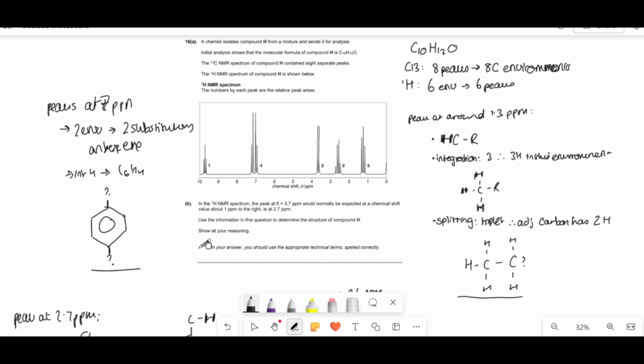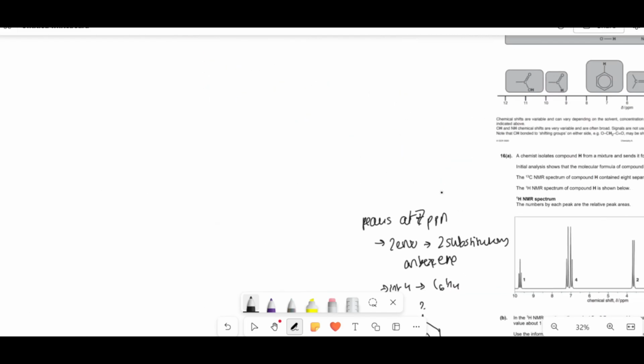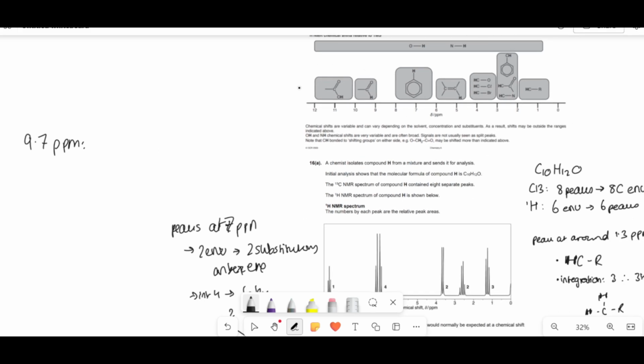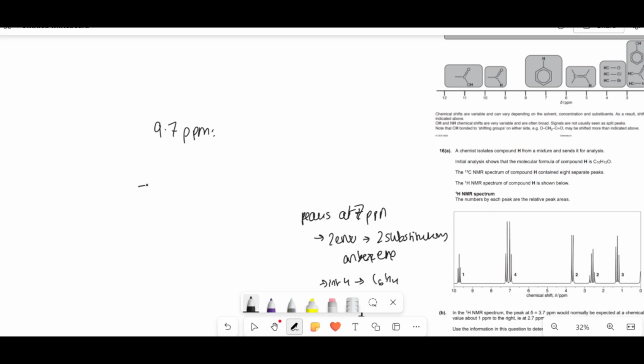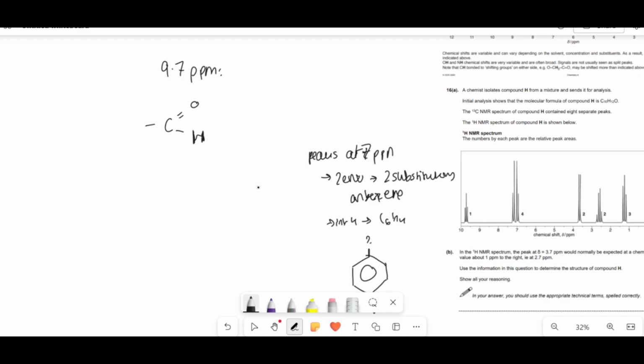Okay, so we've dealt with this peak, this peak, this peak, and these ones. Now the last one is the one at 9.7-ish ppm. So 9.7 ppm, do the same thing. We look at our data sheet, what falls in the 9.7 range, that does. So it's going to be something next to a C double bond O and an H, and that's nicely bolded. This is an integration of one, which we would expect if it's an aldehyde.